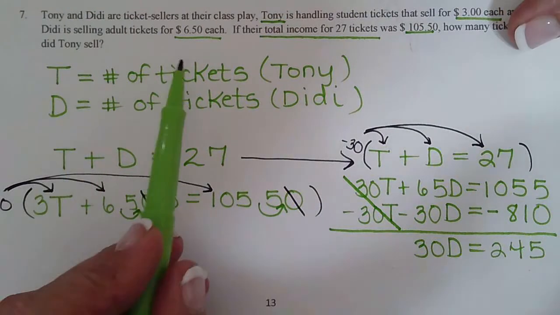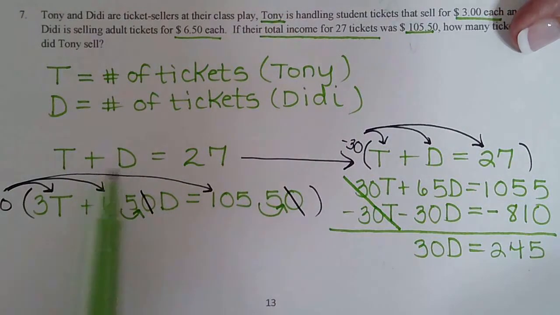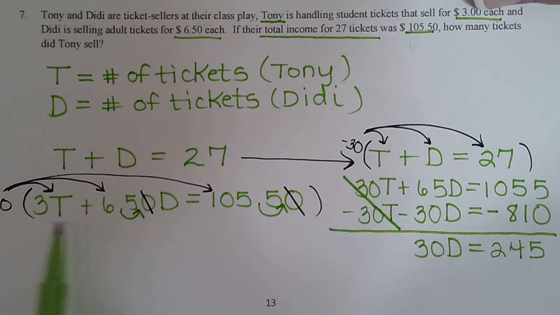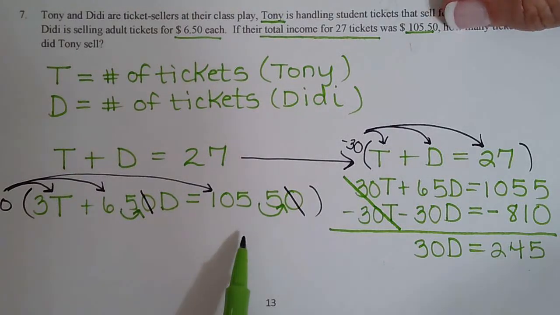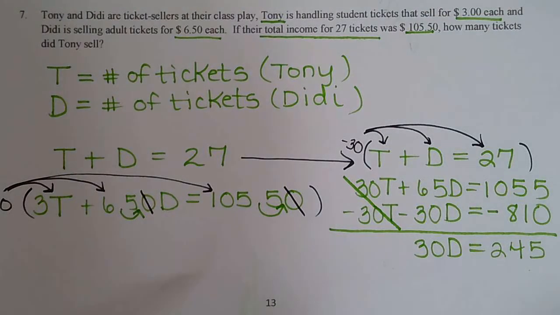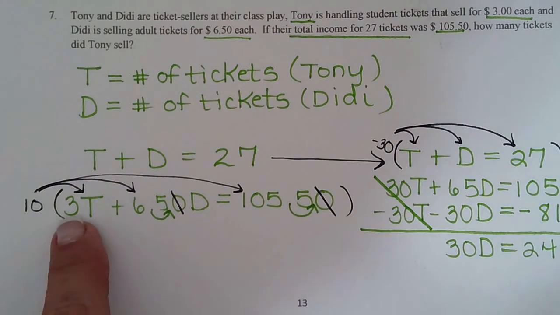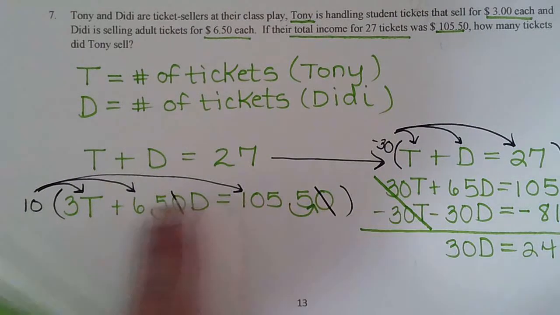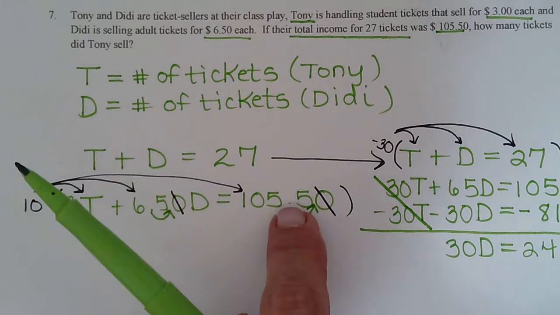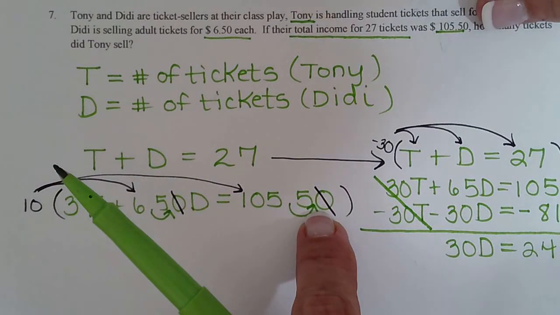So did I write the equations right? T plus D is 27, $3 for Tony, $6.50 for Dee Dee. Total was $105.50. Then I multiplied everything by 10, so that stayed the same. So 30T, 65D, 105.5.